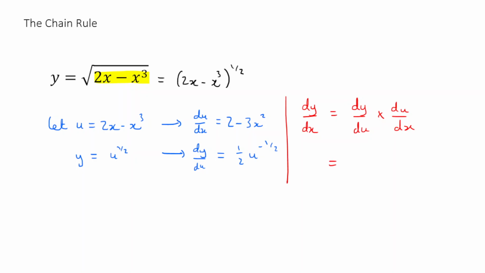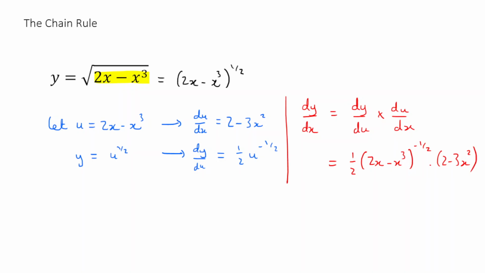Okay? And so dy/du is a half u to the power of negative a half. Well, the u again we replace with 2x minus x cubed, to the power of minus a half, and we times by du/dx, which is 2 minus 3x squared.